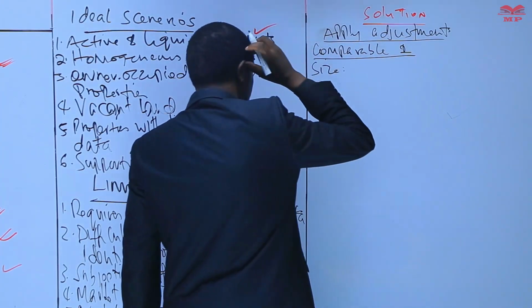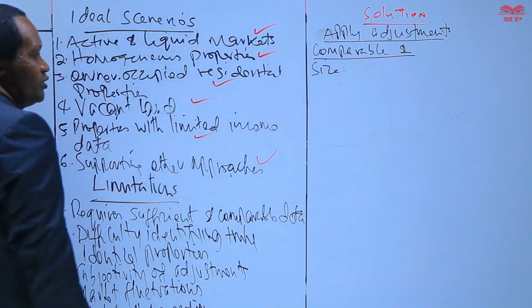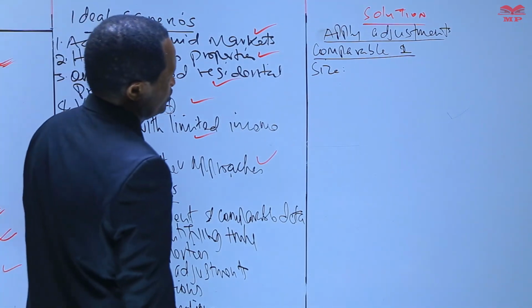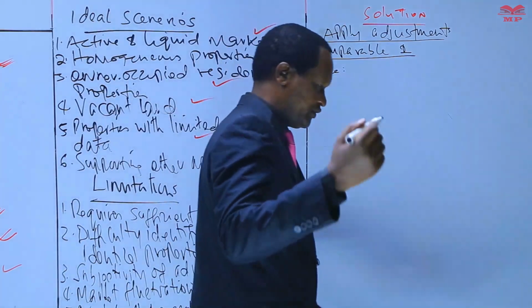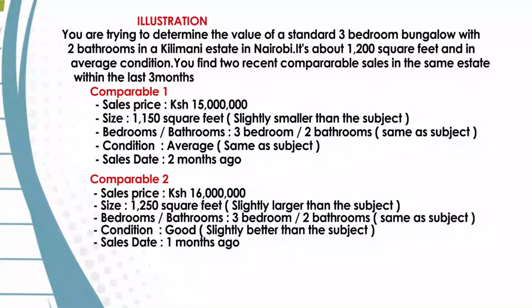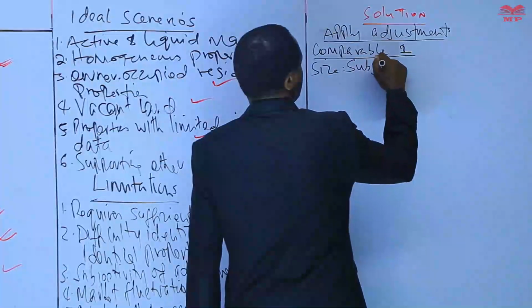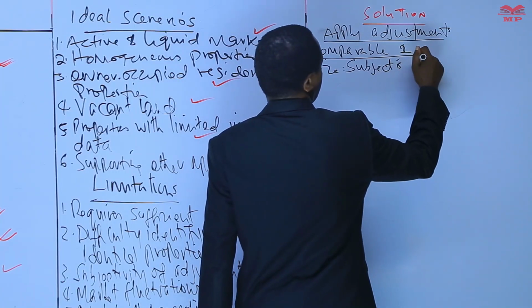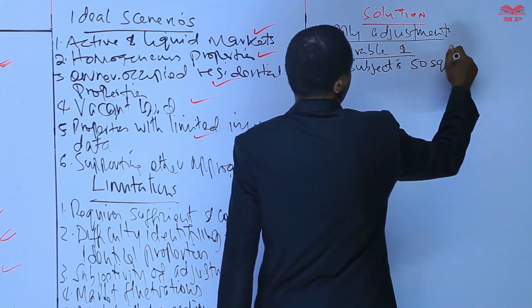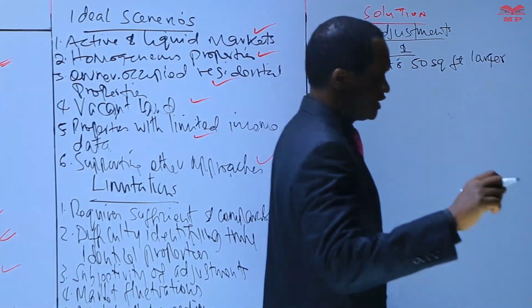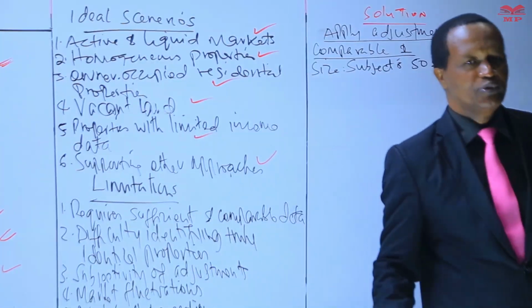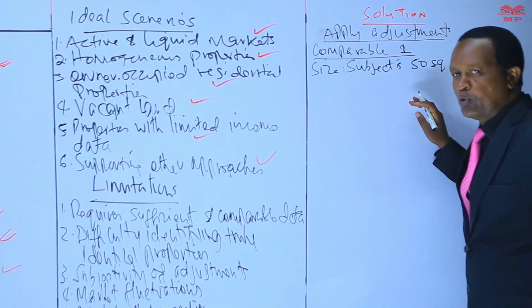And we see when you compare the subject bungalow and the first comparable, the comparable is smaller by 50 square feet. Look at the question. The subject is 50 square feet larger. In other words, the comparable is 50 square feet smaller.